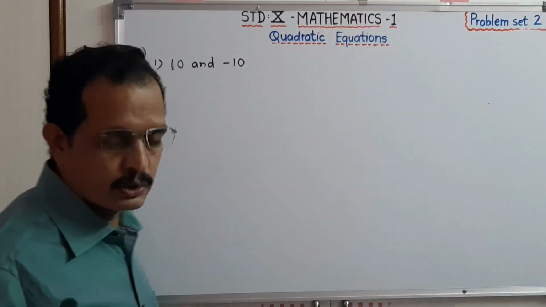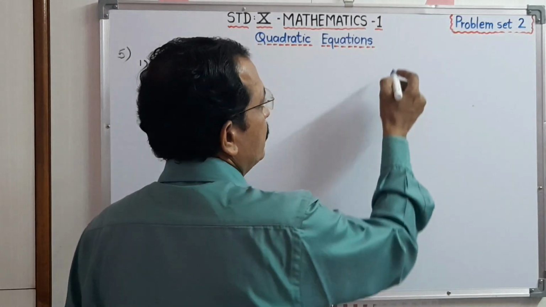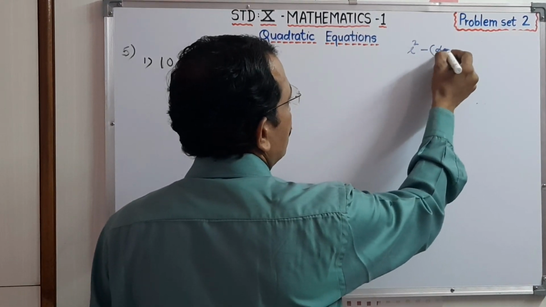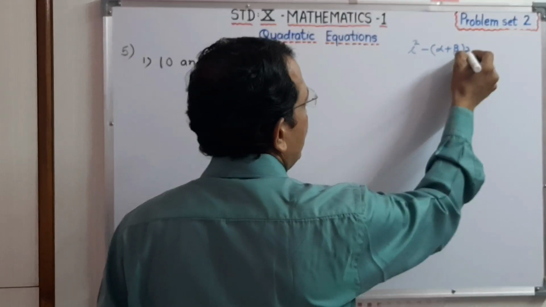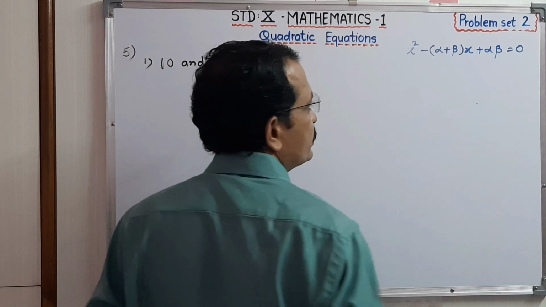Dear students, all of you know that if roots are given and we have to frame the equation, then we have to use x square minus alpha plus beta x plus alpha into beta is equal to 0.